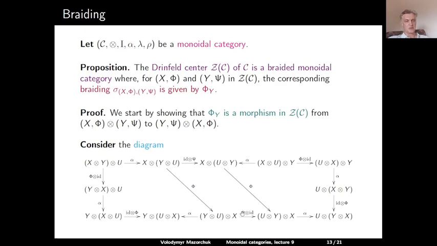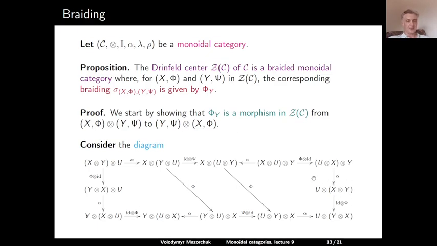So here we can use ψ in the bracket to go to u⊗y⊗x, and using the associator, we arrive at u⊗(y⊗x). Also note that we can use φ to go from x⊗y⊗u to y⊗u⊗x, and from x⊗u⊗y to u⊗y⊗x. So we have such a big diagram.